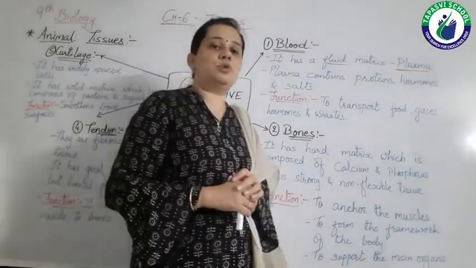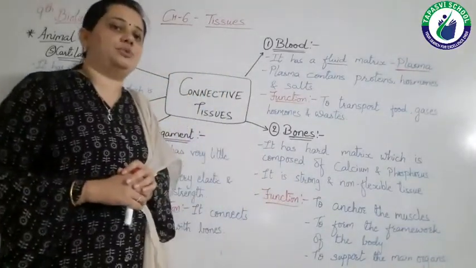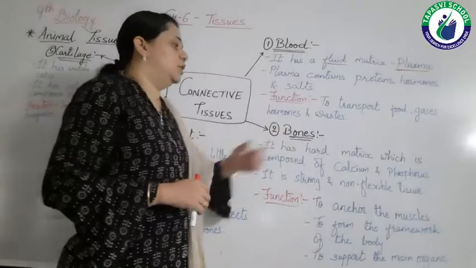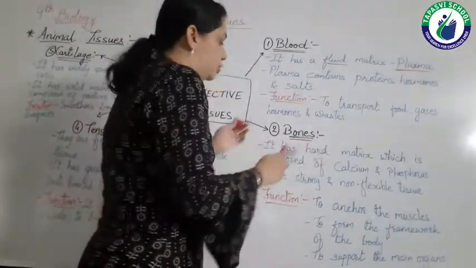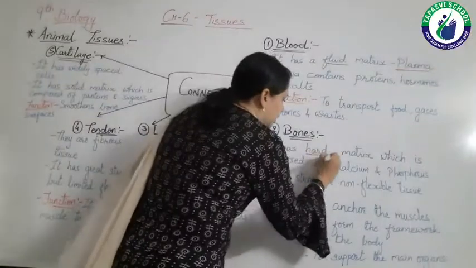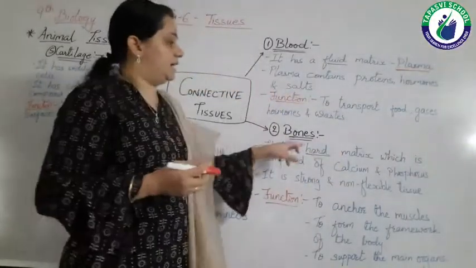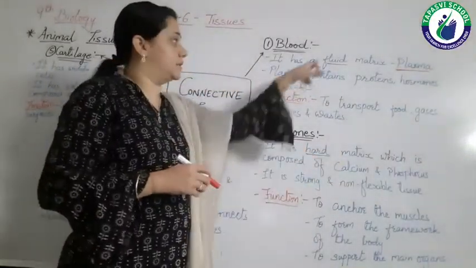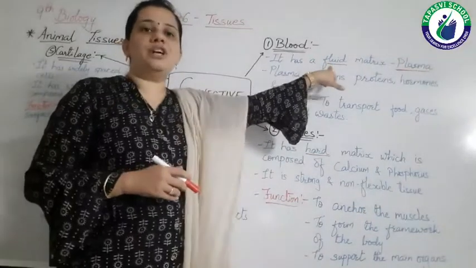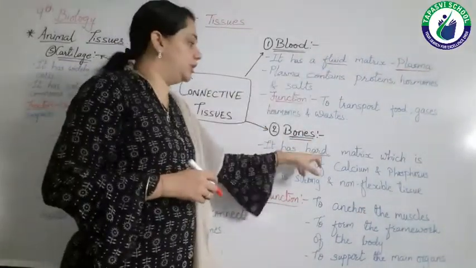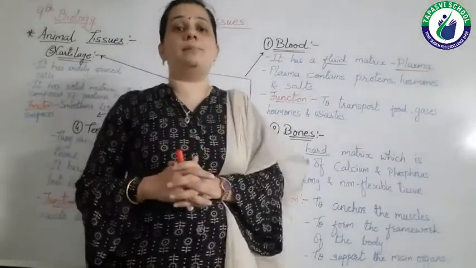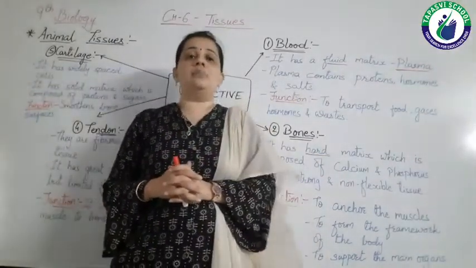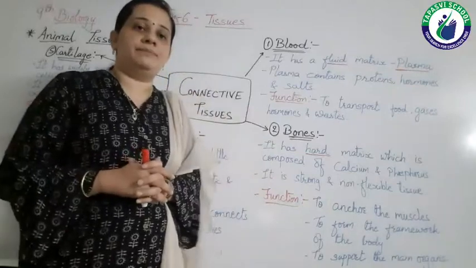Now let's move towards the second connective tissue, that is bones. So bones have a hard matrix. Here it was fluid matrix, right? So bone is having hard matrix, and this matrix is composed of calcium and phosphorus.